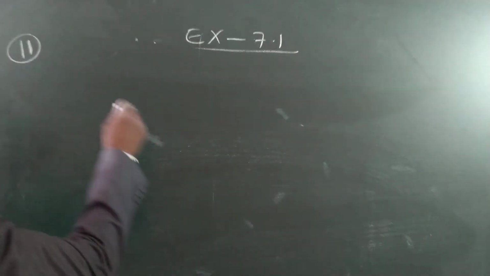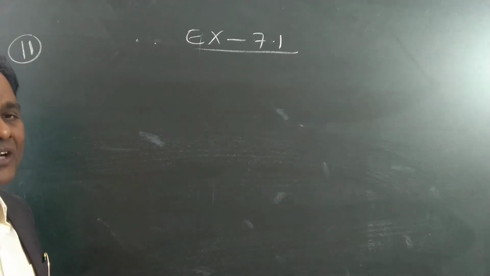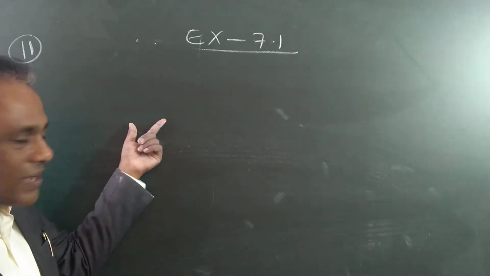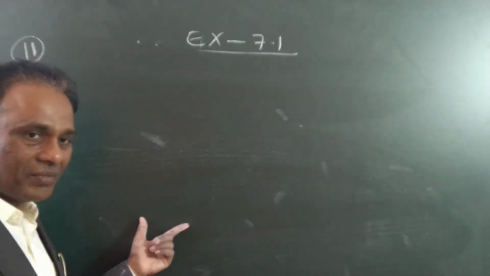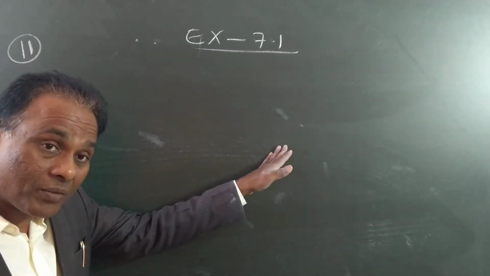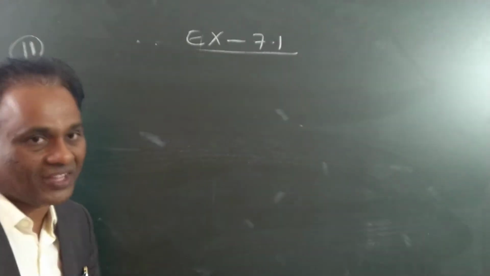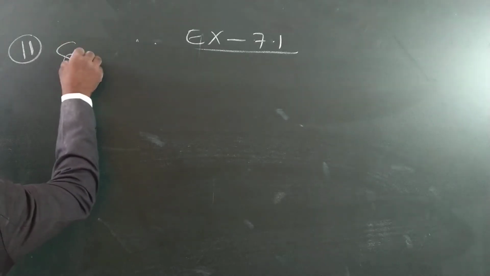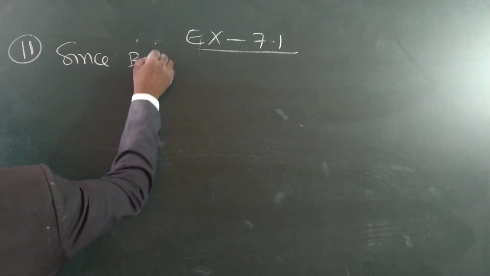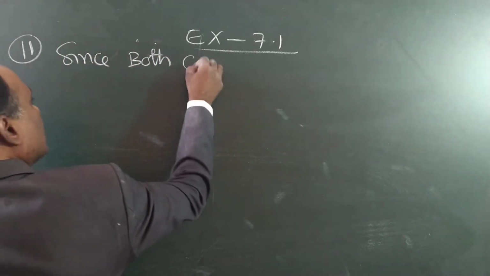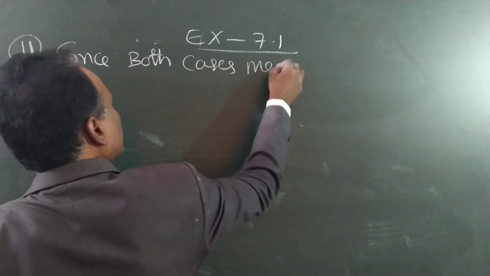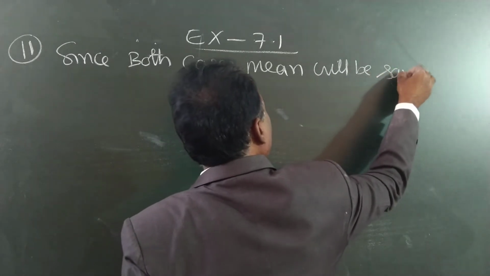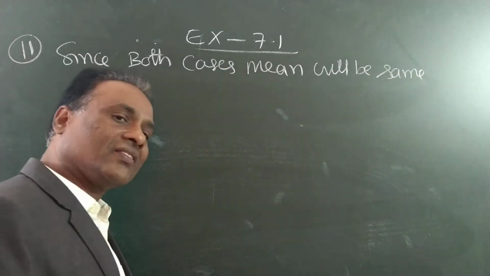See here. Mean is calculated using two methods. Like our previous problem, we took one number as assumed mean, we calculated the mean. We took another number as assumed mean, we got the mean. So same answer we got. That means both methods will give the same answer. Since in both cases mean will be same. Whatever A you take, the mean is same.